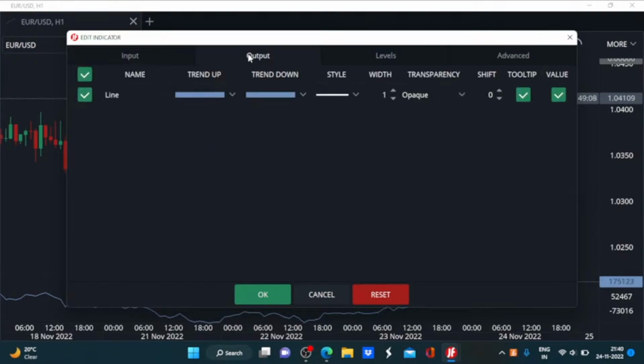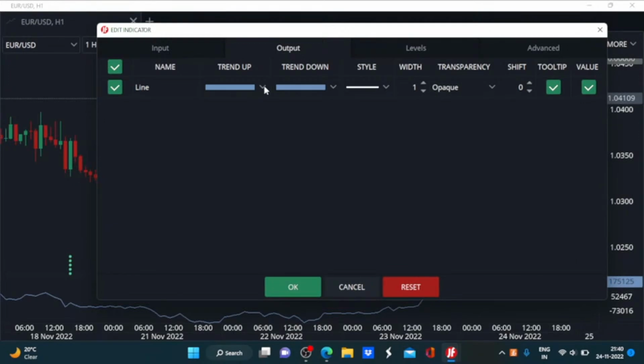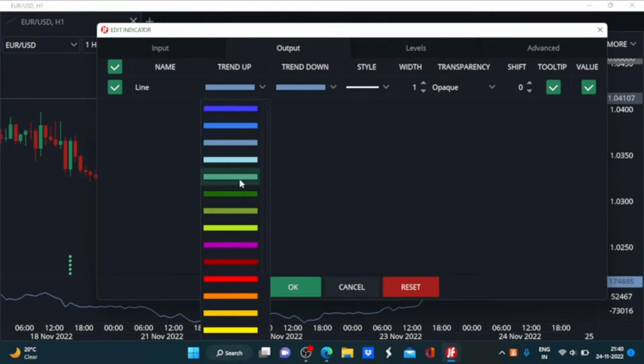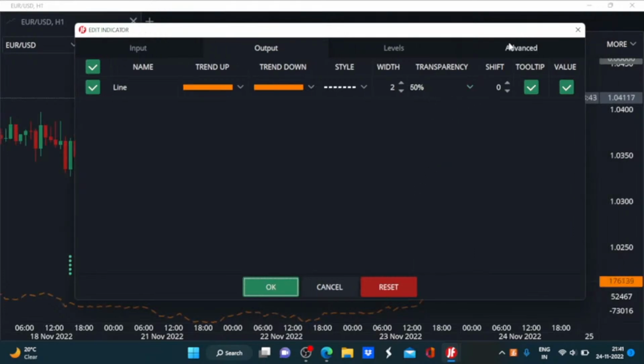Then we get to the output value, and if you are happy with this color combination and styling combination, you can stick with it. But if you want to customize it as per your taste, you can do that as well. Suppose you are a fan of the orange color and styling with a different line setup, width, and this transparency can also be changed as per your need.